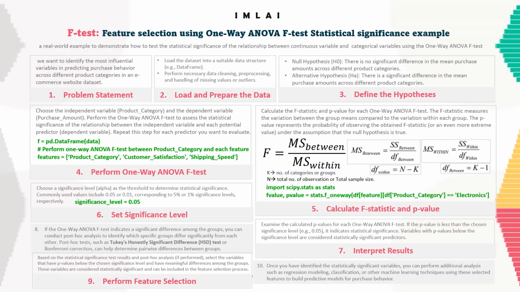By following these steps, and analyzing the obtained F values and p-values, you can determine the significant features in predicting purchase behavior across different product categories in the e-commerce website dataset. And this is how we leverage the one-way ANOVA F-test to do feature selection with respect to continuous and categorical variables.